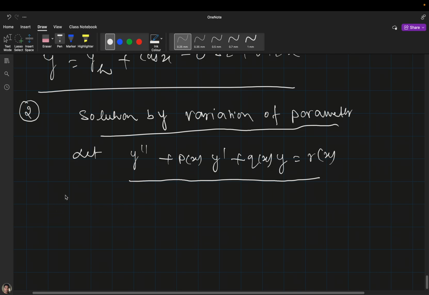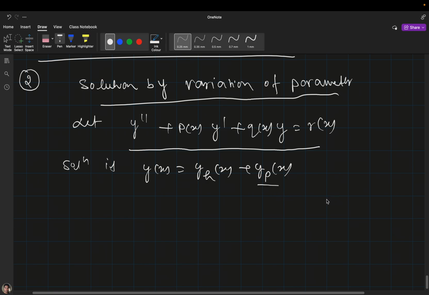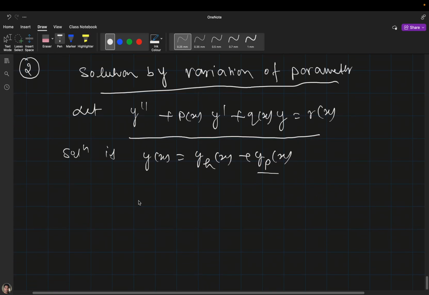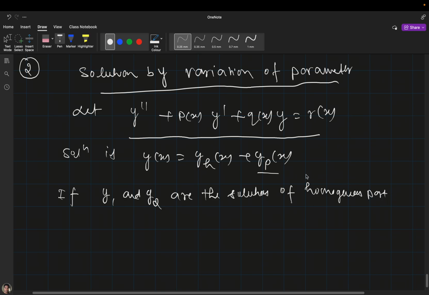And again, the solution is in this form, y(x) equal to yh(x) plus yp(x). But what is yp? This is the question. If y1 and y2 are the solutions of the homogeneous part, then to get yp, first you have to get y1 and y2.